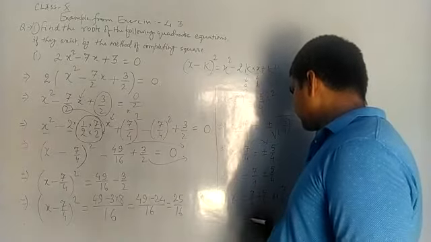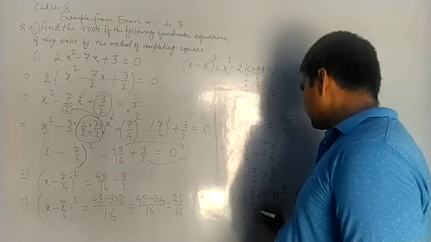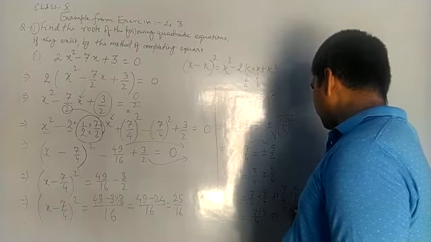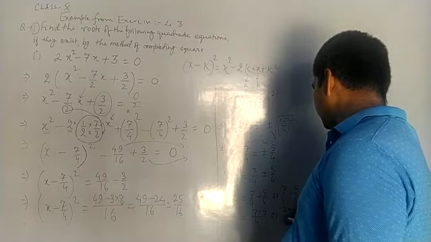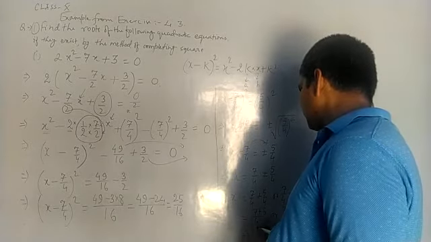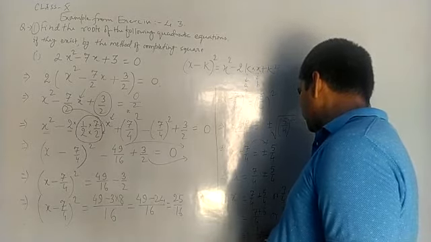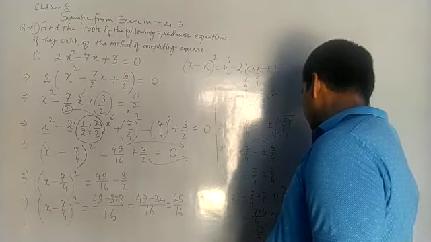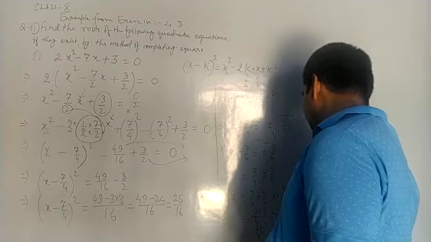So it will give you, with LCM 4, 7 plus 5 or 7 minus 5 by 4. That will give you 12 by 4 or 2 by 4.